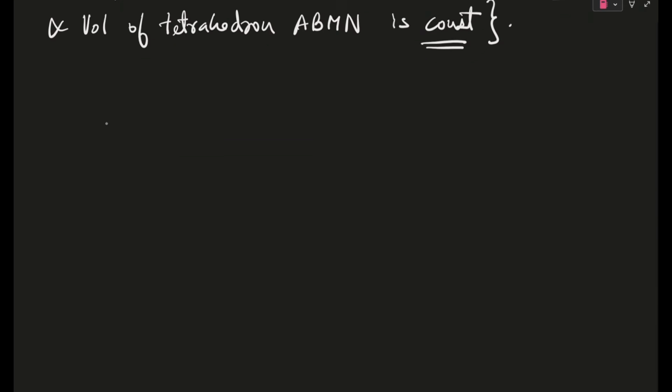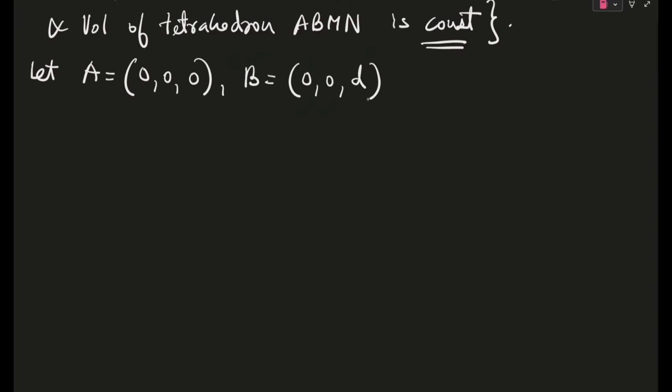I will introduce capital A as the origin of the 3D space, and B will be equal to (0, 0, D). It is along the Z axis, so A lies on the XY plane and B is somewhere on the Z axis. So you can understand the lines can be made skew in this way.